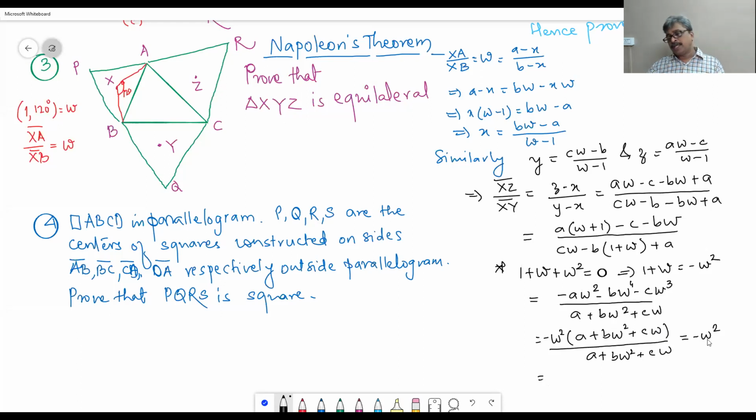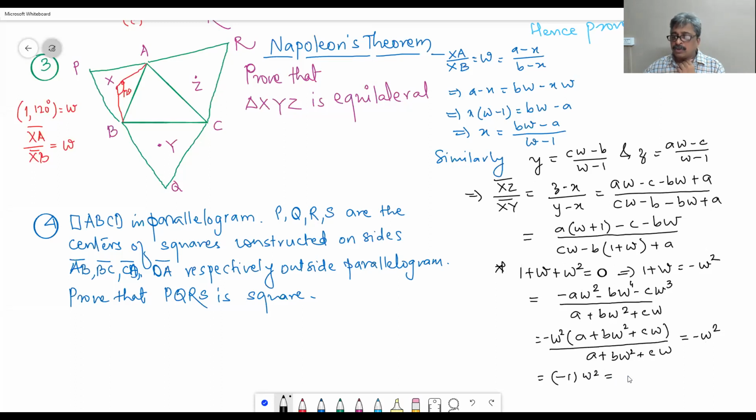Now how much is minus omega square? It is omega. How much? 1 plus omega. Minus omega square, 1 by omega, is minus 1 into omega square.